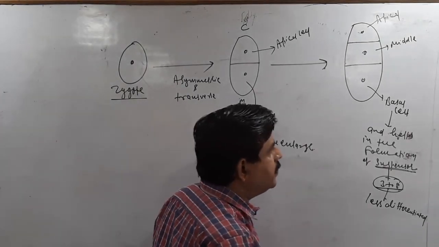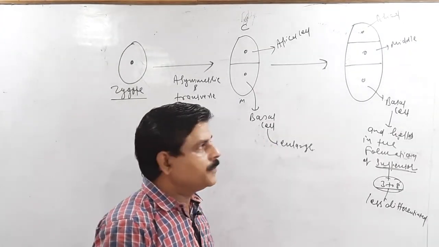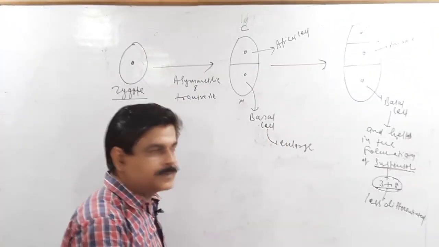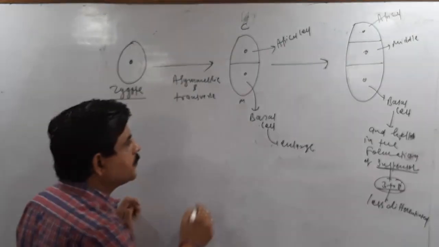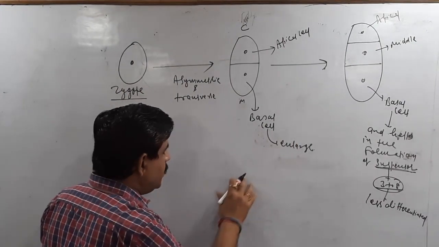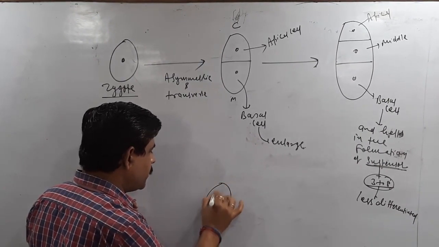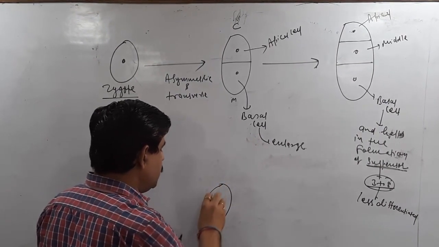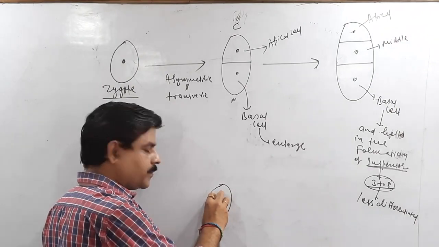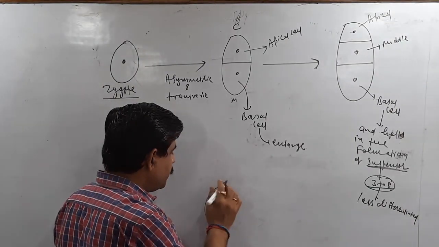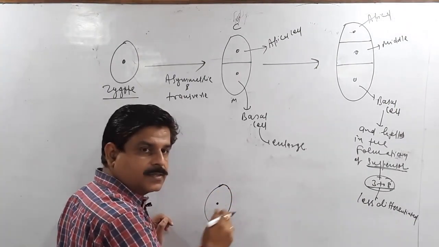We can understand the development with a simple diagrammatic representation. I am drawing here. This is the middle cell. This middle cell will form the embryo, that is embryonal axis.